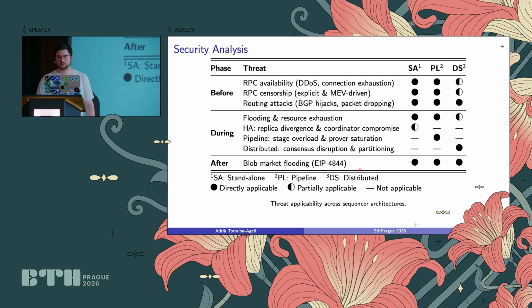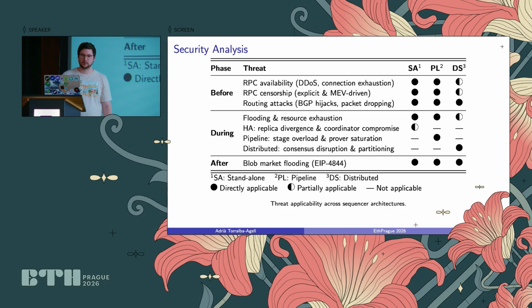A partially filled dot means that this attack is partially applicable, and a dash means that this attack does not make any sense in this setup. With that, for attacks before the processing, as I said, we have attacks related to the RPC availability and censorship.